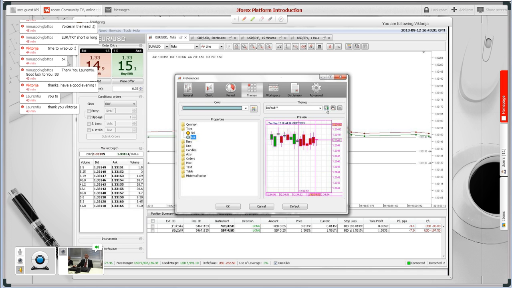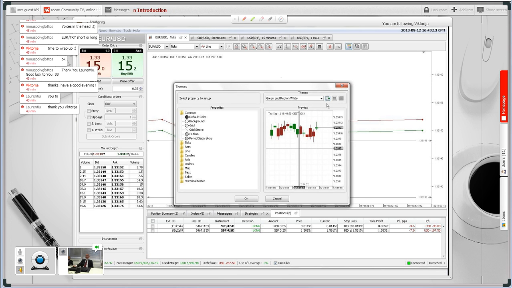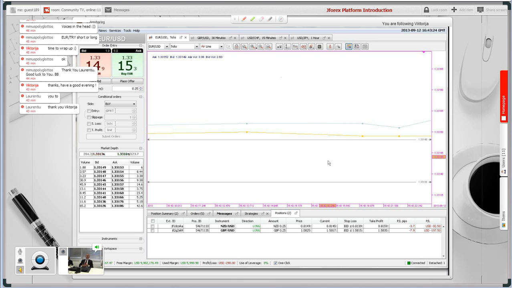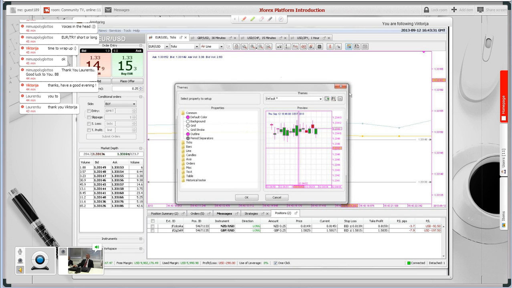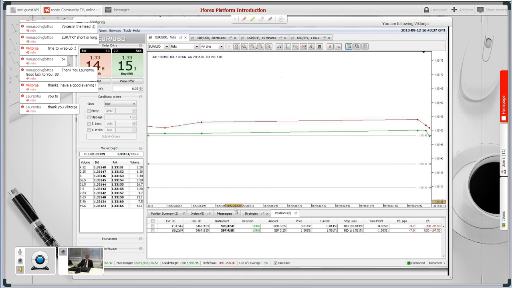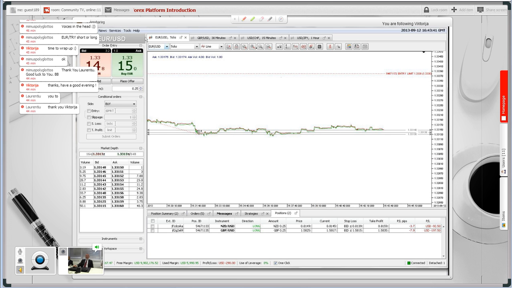And once you've changed it, you save it. And normally, if I say OK, it will apply. I will have this possibility to say, I want the default. OK, and the chart will be in this default section. It's really the way you like it. Go back to default. There it is. Back to preferences.